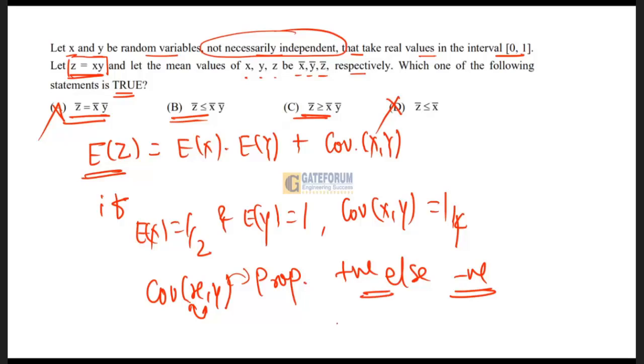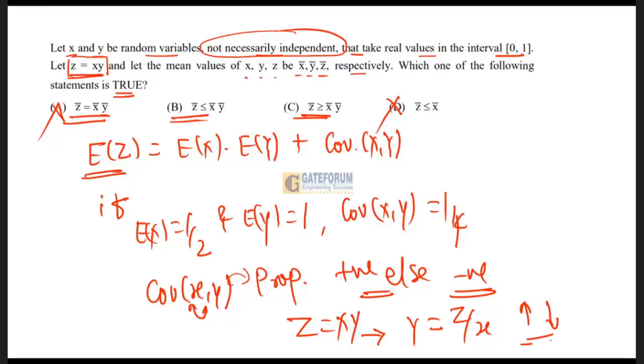Correct. And it is given that z equals x into y. It is already given, or I can write y equals z by x, right? So for a particular value of z, if x increases, then y must decrease. This makes x and y inversely proportional. Getting it?